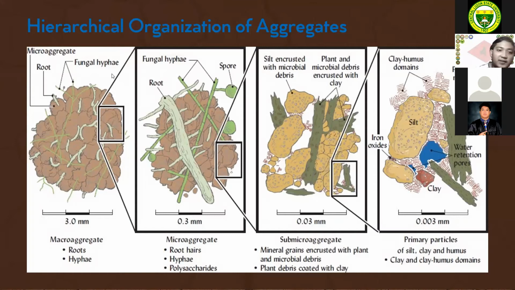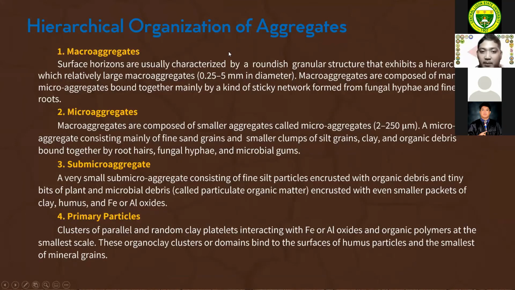Surface horizons are usually characterized by a roundish granular structure that exhibits a hierarchy in which relatively large macroaggregates range from 0.25 to 5 millimeter in diameter. Macroaggregates are composed of many microaggregates bound together mainly by a kind of sticky network formed from fungal hyphae and fine roots. So ito yung mga nagsisilbing binding agents sa macroaggregates.